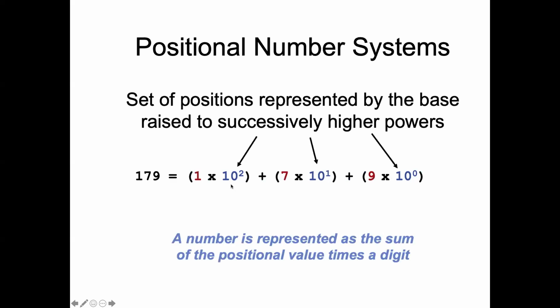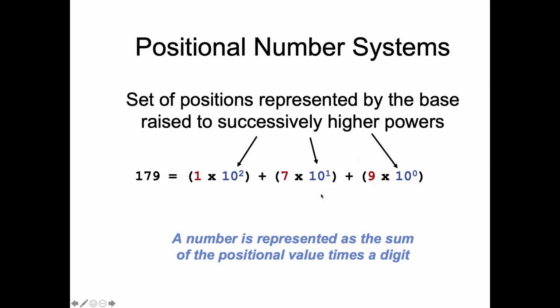So if we write down a number like 179, that means that 9, being the least significant digit in the ones place, is really worth 9 times 10 to the 0, or 9 times 1. The next digit, the 7 in this case, is worth 7 tens, or 7 times 10 to the first.